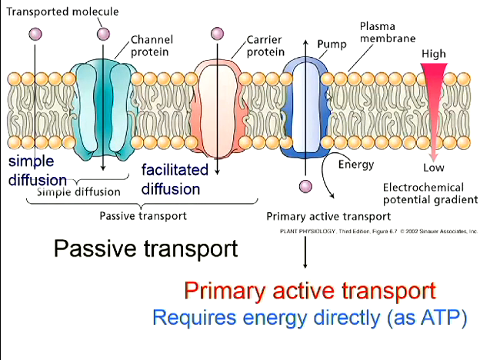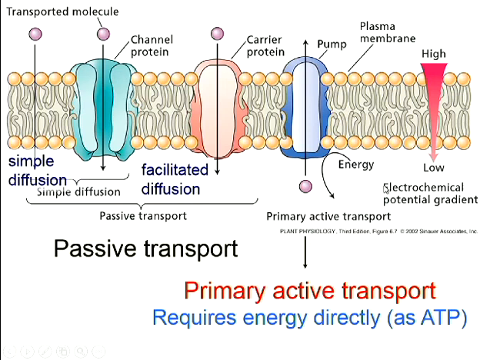So here we see the passive transport again, so simple diffusion, channels, and carriers. Channels are also considered simple diffusion, and the mode of transport by carriers is also called facilitated diffusion. That's all passive. Diffusion is passive.